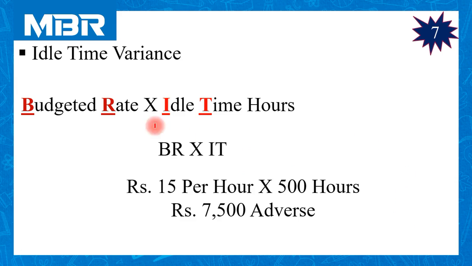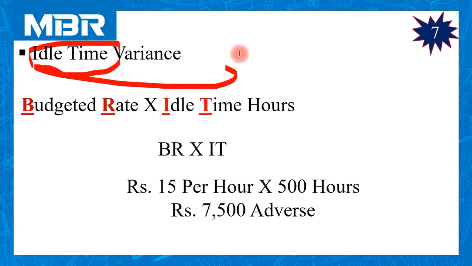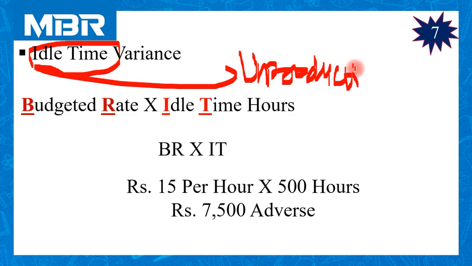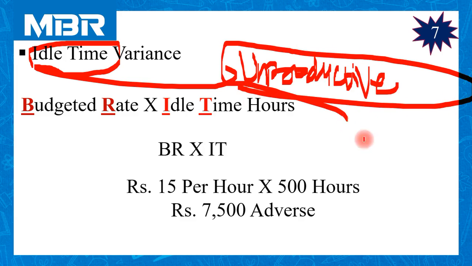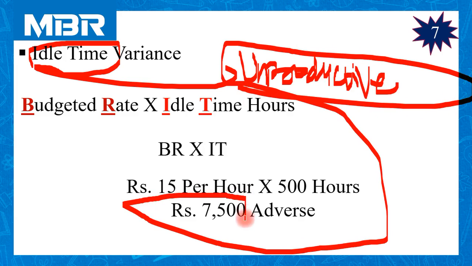Remember, IT means unproductive time. IT means unproductive time, right? And for this unproductive time, cost is 7,500. So 7,500 rupees is the cost of unproductive time.